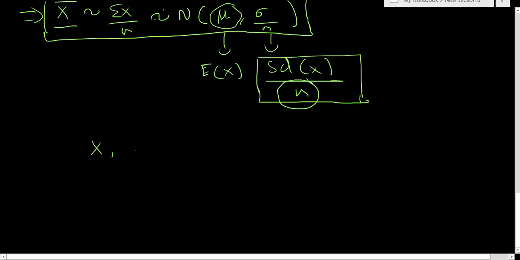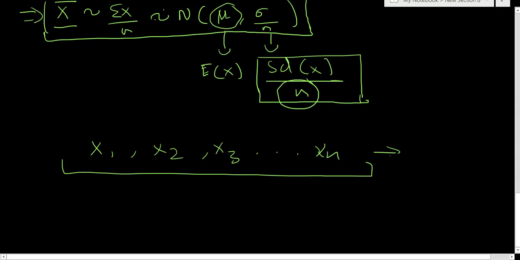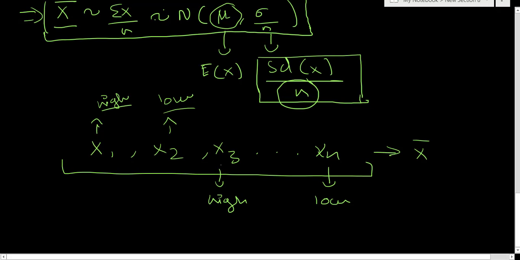Say I have these random variables x1, x2, x3 up till xn. The randomness in them, when I combine them, the randomness in their mean is cancelled out by all of them. If I get a very high value of this and a very low value of this, and then this has a high value and this has a low value, so if I have all these values, in the mean term these values cancel each other out.